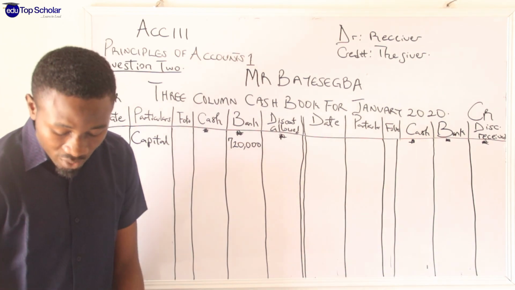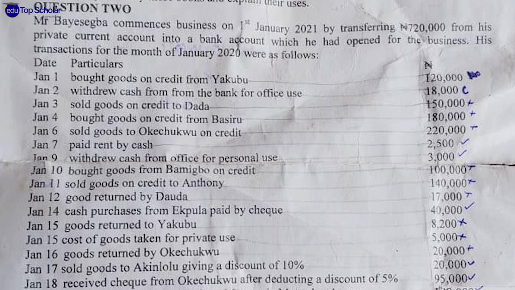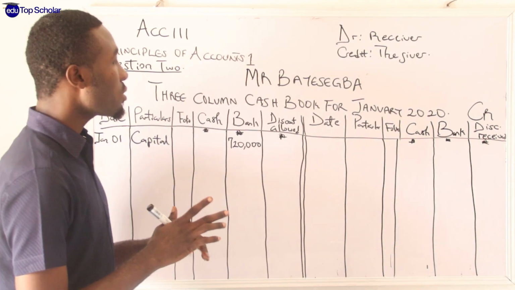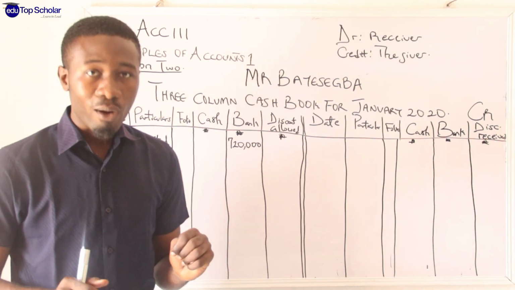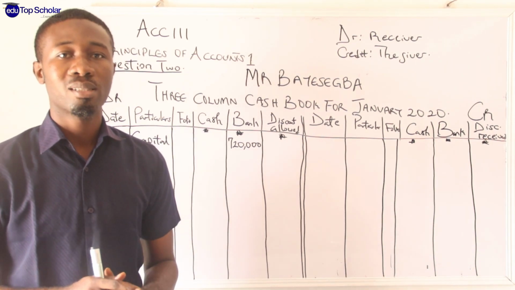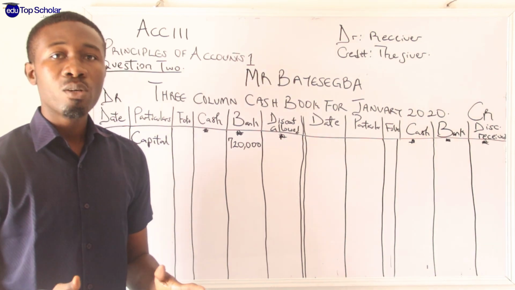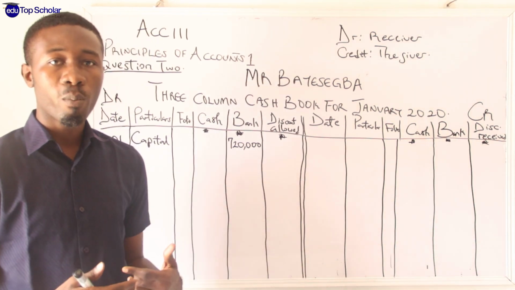Number 2, the January 2 transaction says that he withdrew cash from the bank for office use. These kind of transactions are ones you should be very careful with because they are called contra entries. When he took money from the bank, he did not use it for any external purpose or personal purpose.